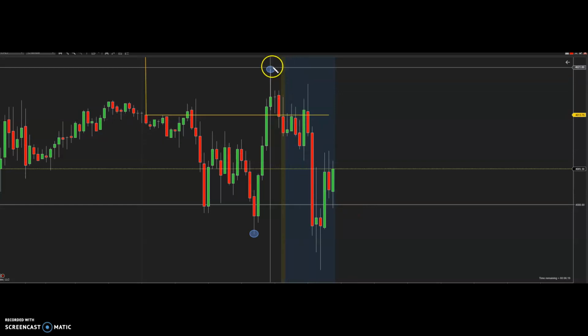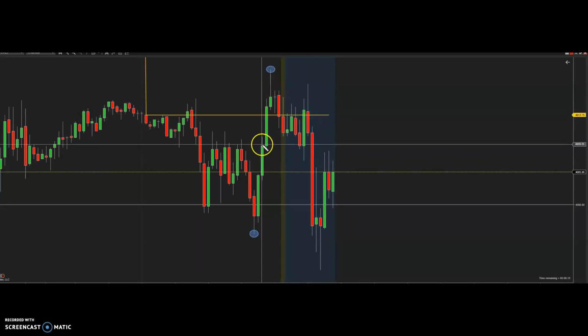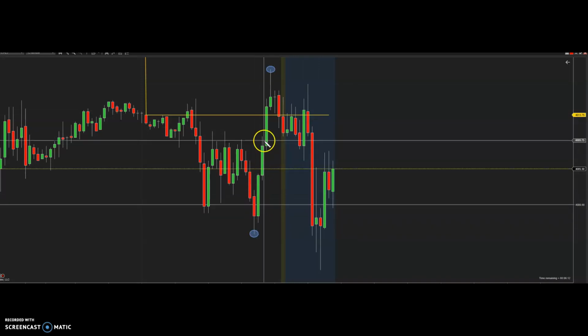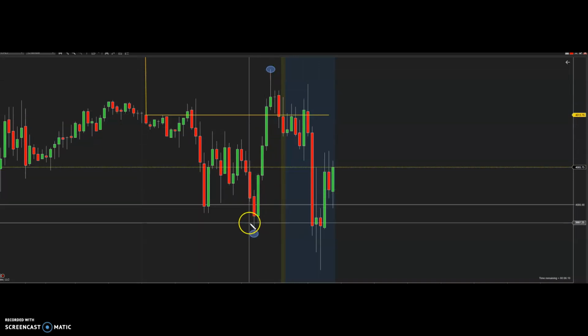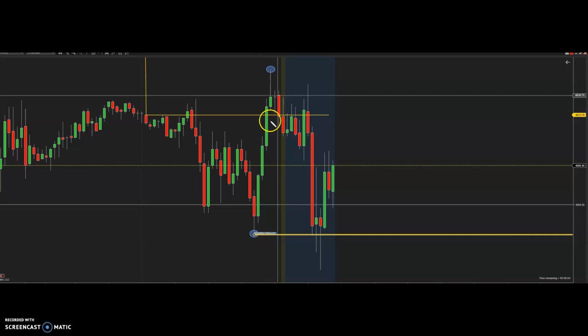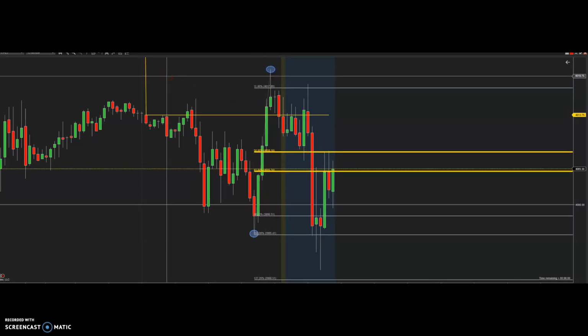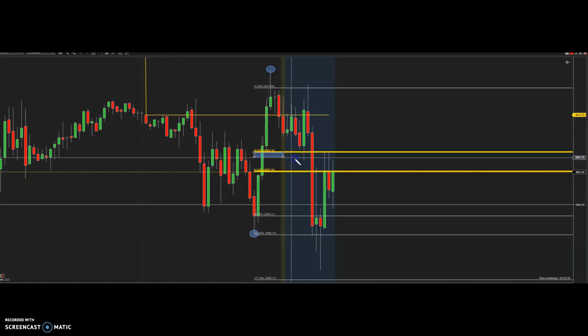She did not take out either of the two, but she did a pullback off of this thrust during the London session. So I put the Fibonacci on from the low to the high, and I was monitoring that pullback, that thrust down that the US did.